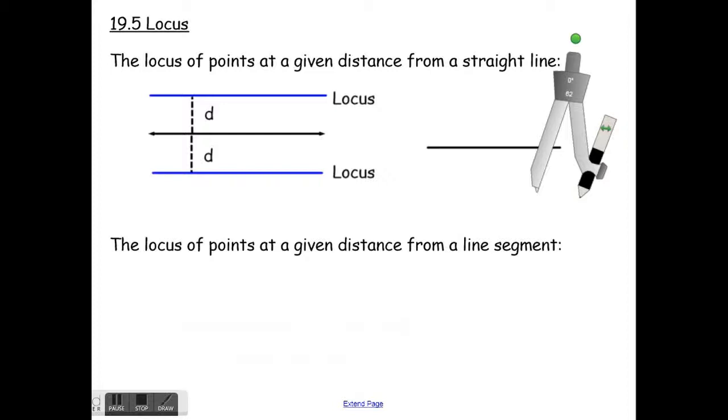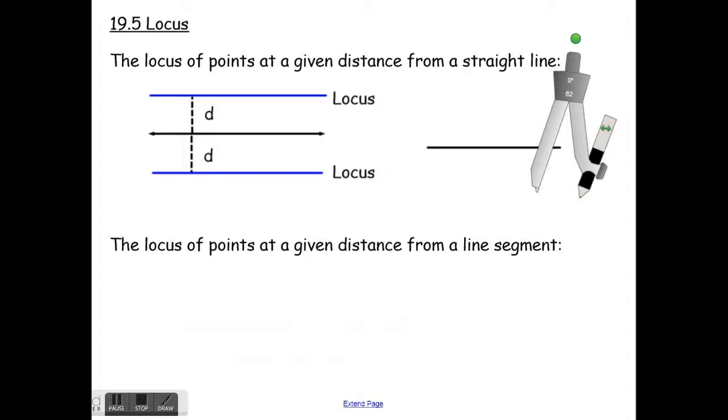So if I have this line and I say I want the locus of points, distance D from that line. Okay? So it's just a matter of measuring the distance in 2 spots and then drawing a line. Make sense? No questions so far?